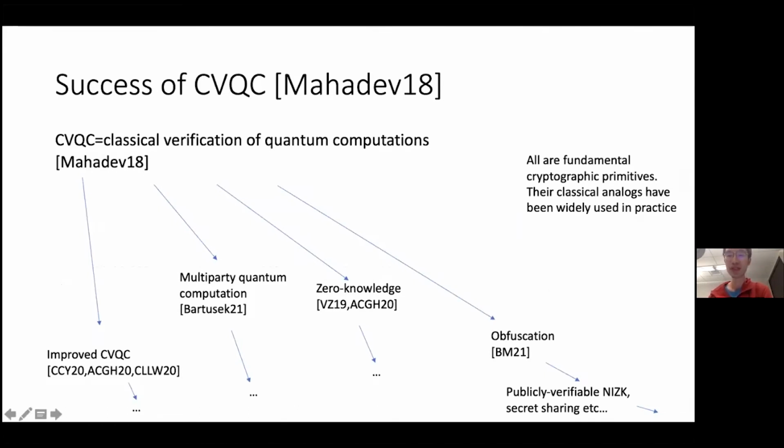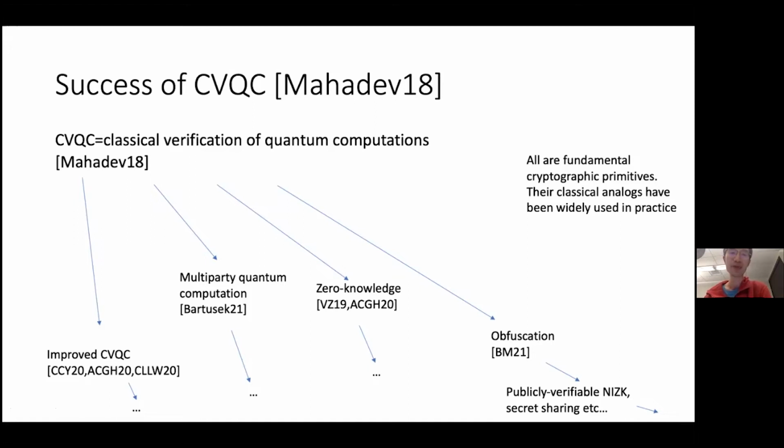The appearance of these protocols has led to great success in quantum cryptography. Here we use CVQC to stand for classical verification of quantum computation, and by default we mean protocols with only a single quantum server. Since the appearance of Mahadev 18, people have studied many quantum cryptographic protocols that build on either the protocols or techniques of Mahadev 18.